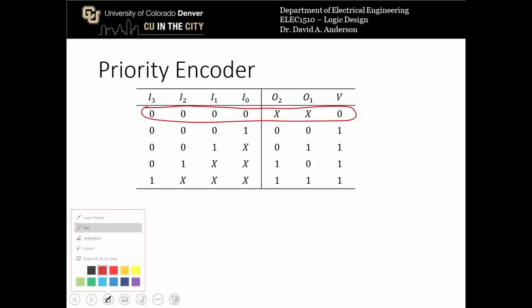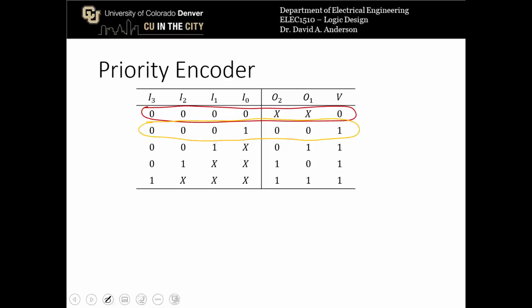Then in the next row, if we have a priority level 0 message that has occurred, the valid bit is a 1, meaning that there's a message that you have to take care of, and the output bits are 0 and 0, meaning it's priority level 0.